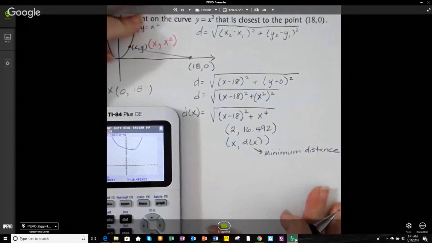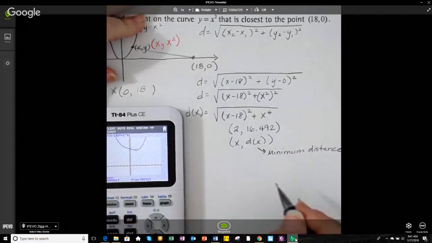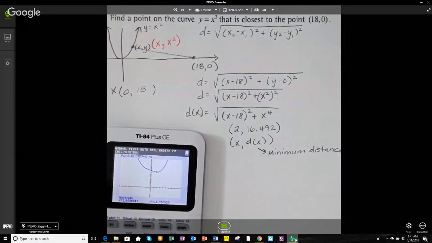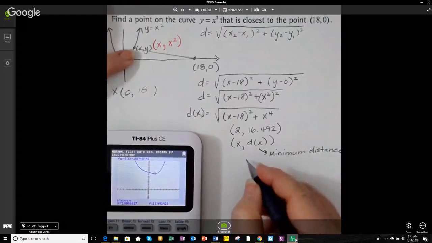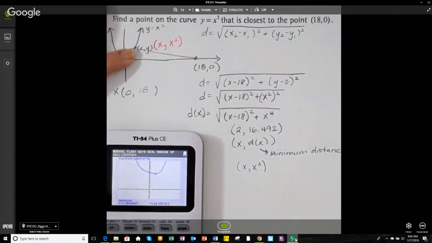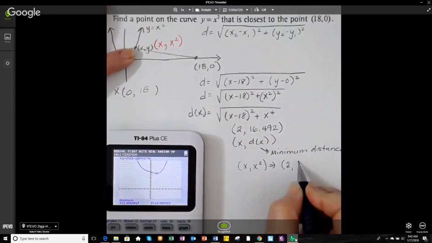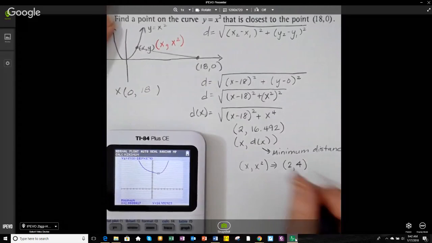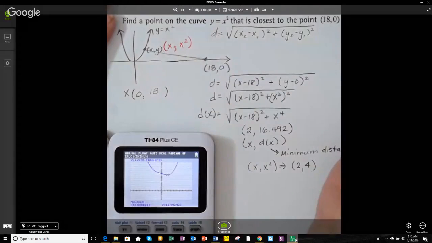Okay? That's the minimum distance, and this is the x where it occurs. All right? So if that's the minimum distance, and I want the point that's closest on the curve, okay? And the point is x, comma, x squared. So I'm going to take x, and that's 2, and x squared is going to be 4. And so the point on the curve that'll be closest to 18, 0 is going to be 2, 4.